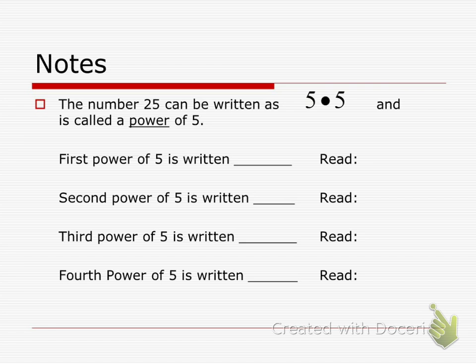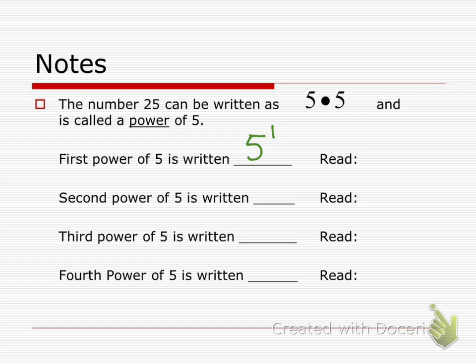Our notes for today are about powers. So the number 25 can be written as 5 times 5 and is called a power of 5. The first power of 5 usually is just written as a 5, but we could also write it with its exponent. It would have an exponent of 1.